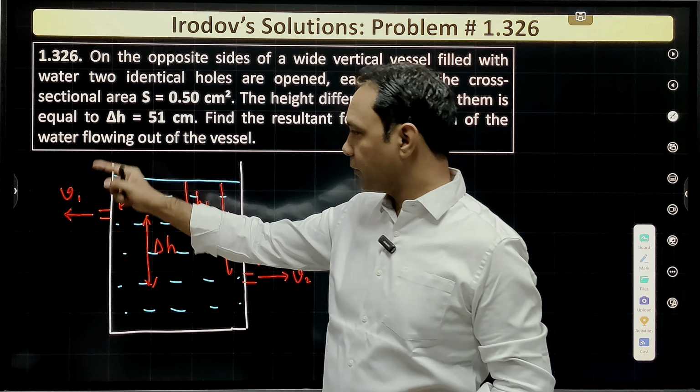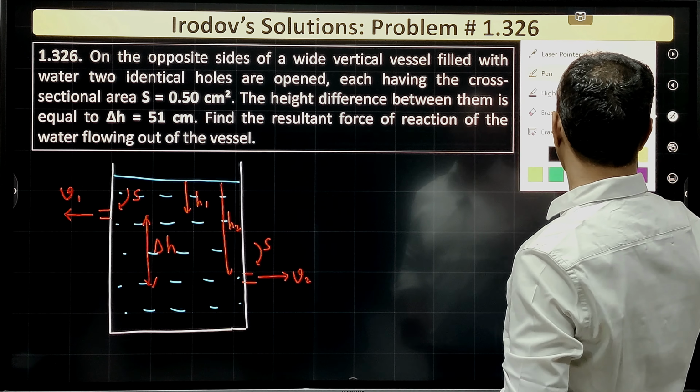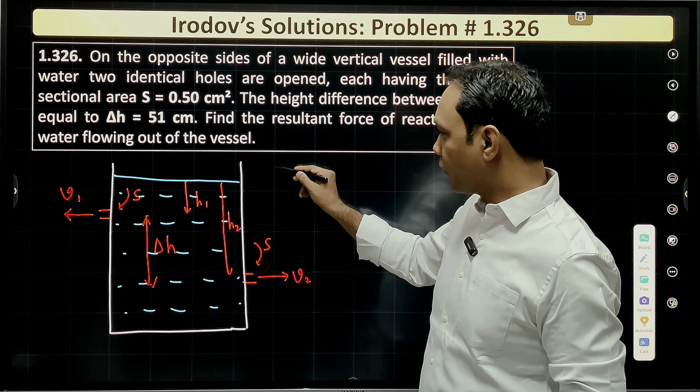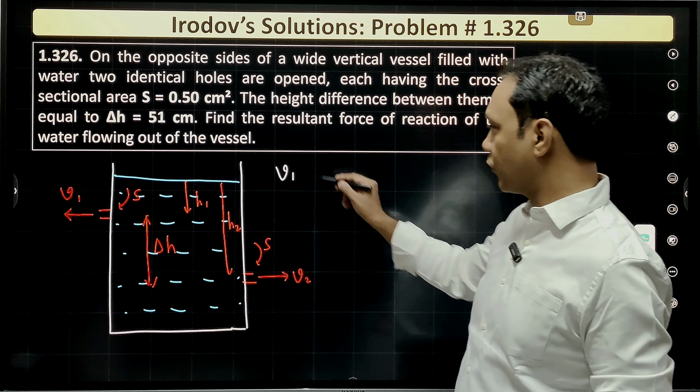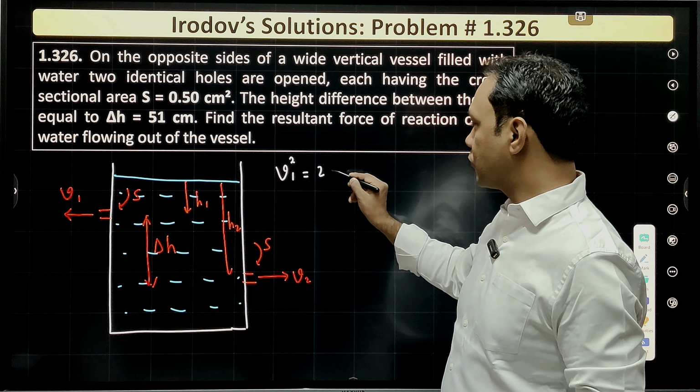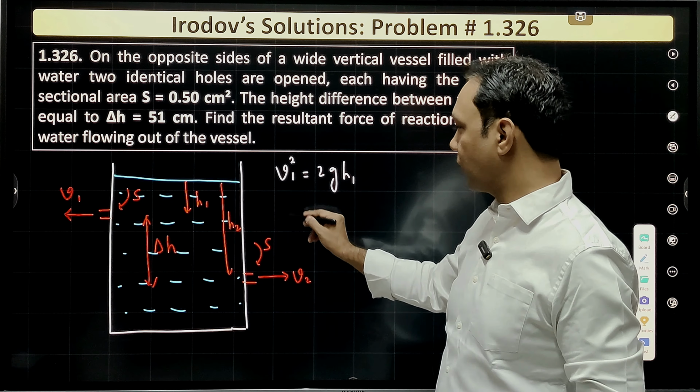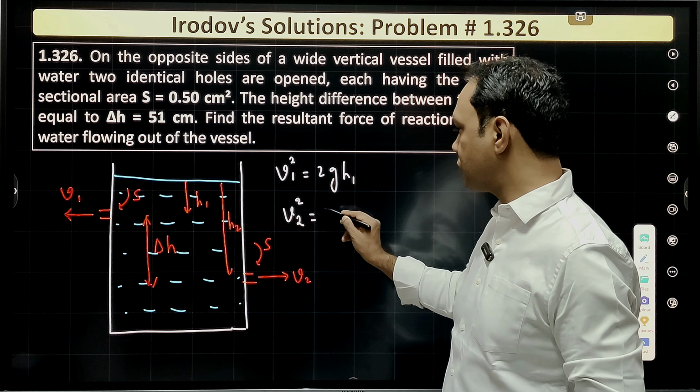So we can directly apply the Torricelli theorem for the velocity of efflux. So v1 is equal to square root of 2g h1. So v1 square is 2g h1 and v2 square is 2g h2, right?